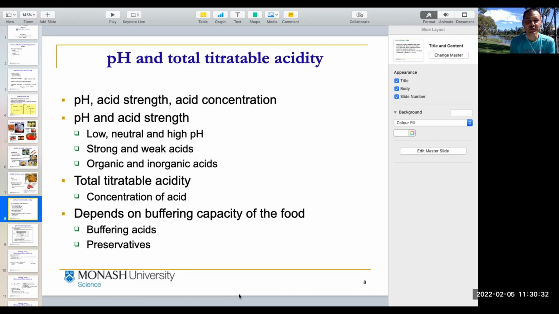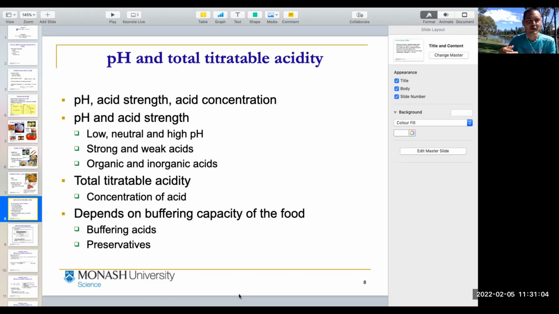So acid strength refers to strong and weak acids, and that's actually a measure of the capacity of an acid to dissociate. Only when an acid dissociates can it actually affect a change of the pH in the surrounding medium. In the context of what we're talking about, it's all about reducing the pH of the cytosol of bacteria, for example.